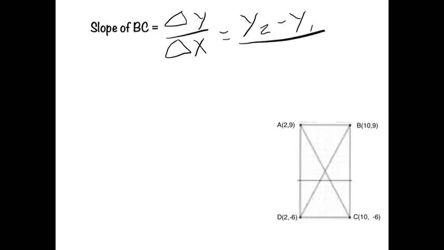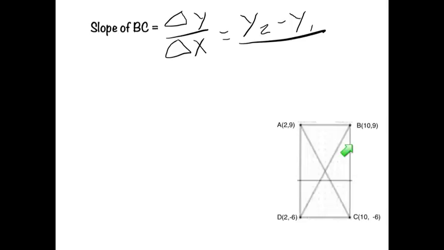The slope of BC, the vertical line here on the side, is going to be done in a similar manner. It's the difference in the y values over the difference in the x values. Let me just show you another common mistake here. On the top, we're going to use y2 minus y1 in the numerator of the fraction, and on the bottom, it's really important to keep the points in the same order.